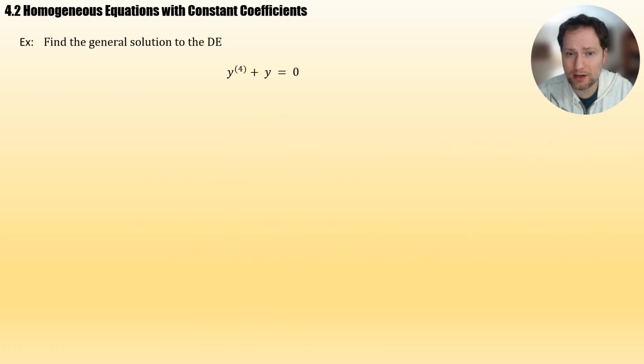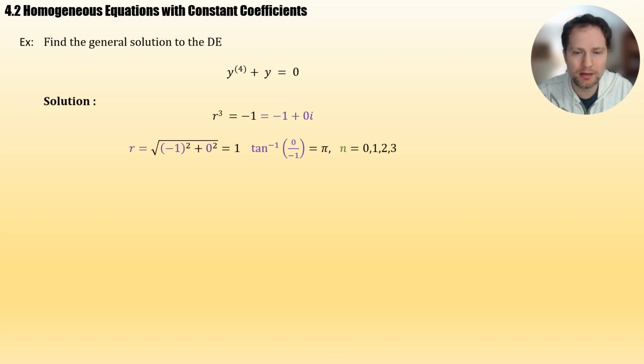Now let's try another one using a similar technique. The characteristic equation here is, sorry, that's a typo there, r to the 4th equals negative 1. Really, we have r to the fourth equals, in polar form, what would that be?